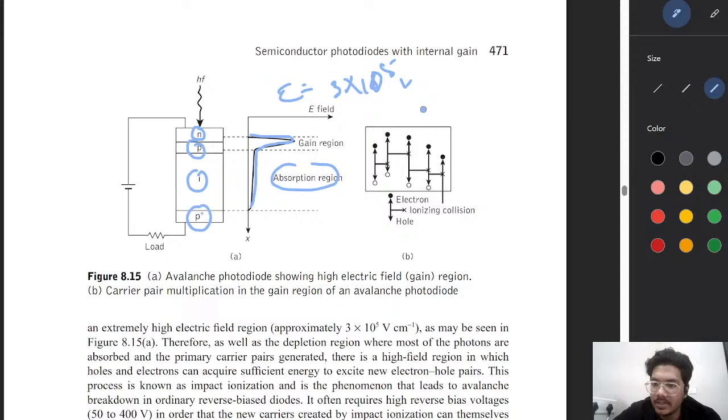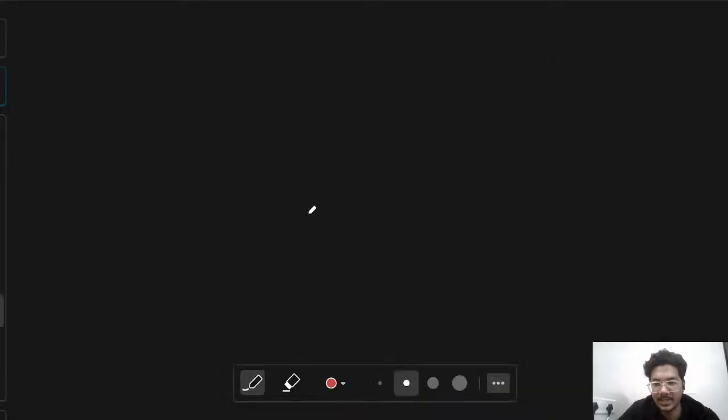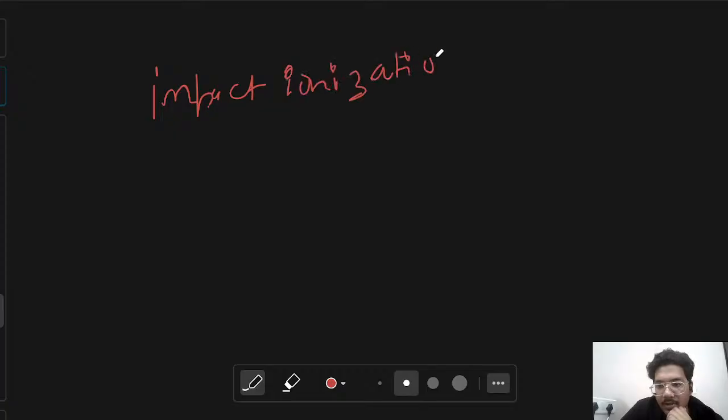Inside the high electric field, the carriers gain enough kinetic energy to create an additional electron hole pair by collision. This is the basic principle, impact ionization: when a photon is absorbed and an electron hole pair is generated inside the very high electric field.